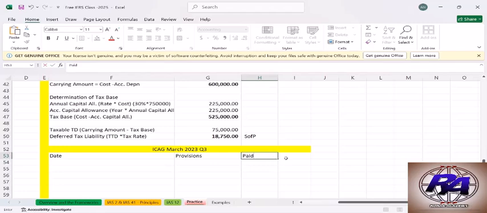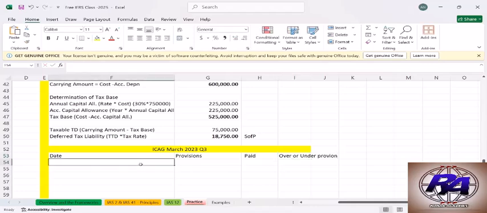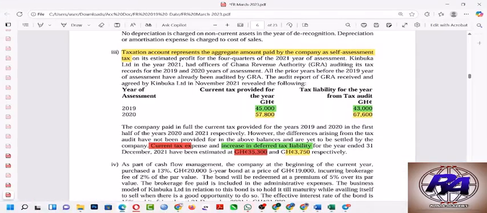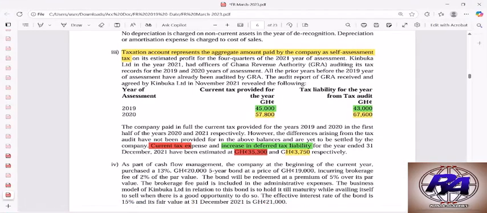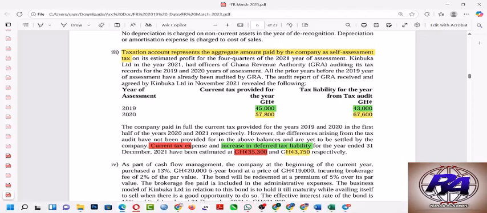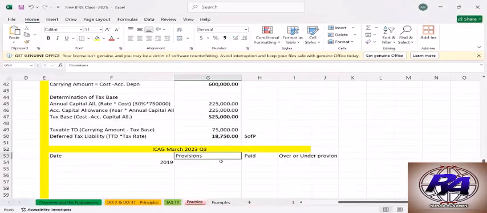All right, then this will give us either over or under provision. Okay, so let's take 2019, that's the first year. How much did we provide for? So we provided for 45,000 and we paid 43. So we provided for 45,000 here and we paid 43.